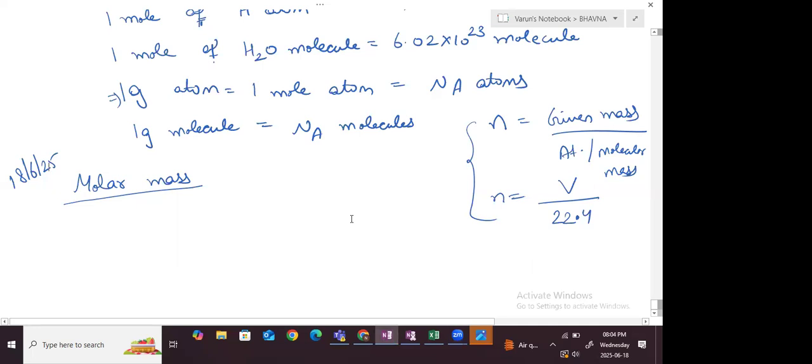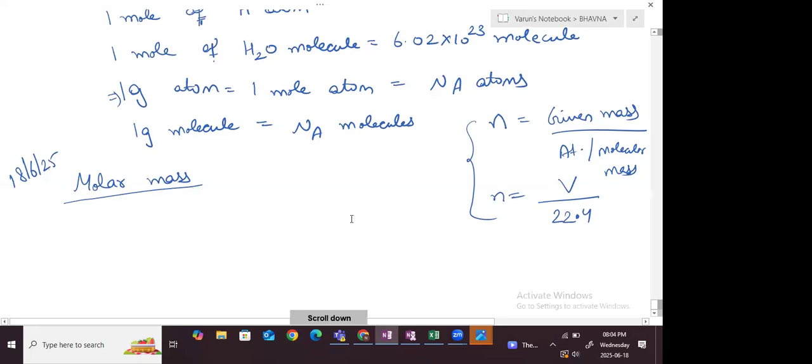Okay, no issue, but my main concern is will you be able to solve that part? Which part, ma'am? Mole questions. If mass is given, I can do it, ma'am. I've tried 16 grams of O2 and 14 grams of CO2. That's no issue. The main thing is that you should be able to solve this.